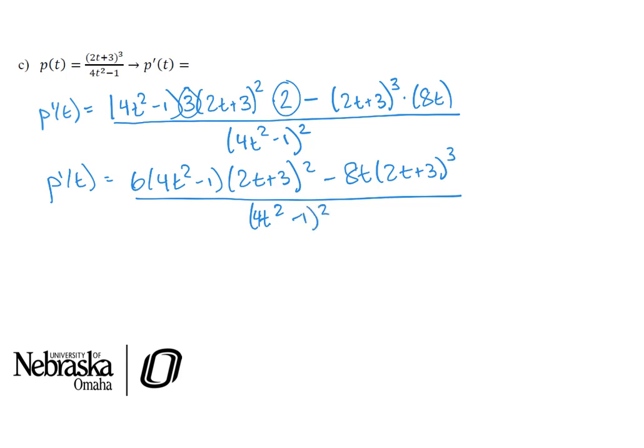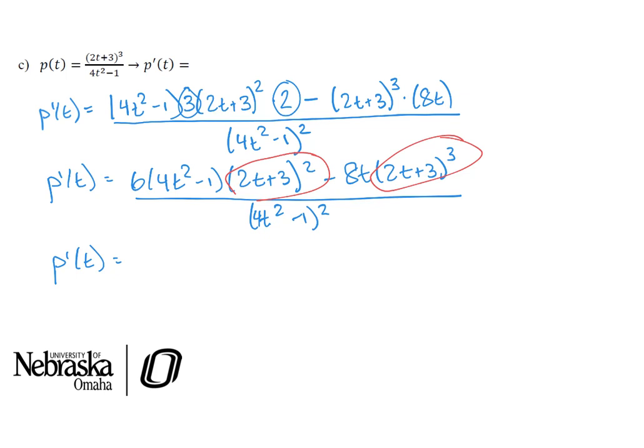And really there's no point. Let's see. Could we do anything? Oh yeah. We could take out this like we did in part A. We could take out this from each term, right? The (2t plus 3) squared. We could take out two of them. We could also factor out a 2 because there's a 6 and an 8, but let's not do that. Just because it won't help us all that much.